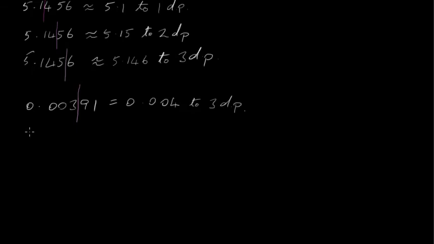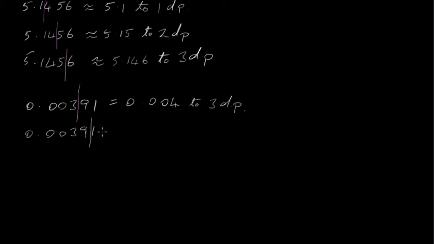To 4 decimal places, it would just simply be 0.00391. This is 1 decimal place, 2 decimal places, 3 decimal places, 4 decimal places. So again here I would just draw a line here. I have a 9 here. So I would either leave that 9 as a 9 or round it up 1 to 10. You look at the number after the 9.